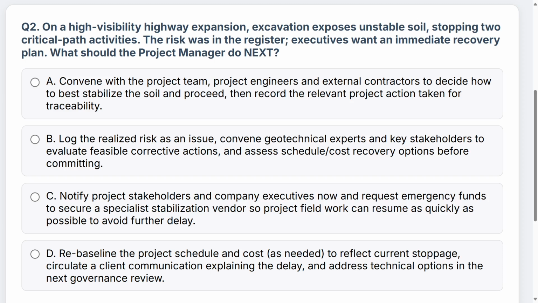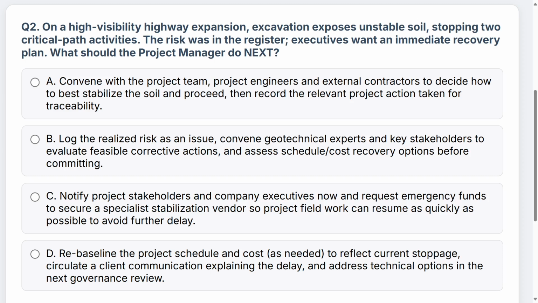Is it A, convene with the project team, project engineers, and external contractors to decide how to best stabilize the soil and proceed, then record the relevant project action taken for traceability? Or is it B, log the realized risk as an issue, convene geotechnical experts and key stakeholders to evaluate feasible corrective actions and assess schedule or cost recovery options before committing?